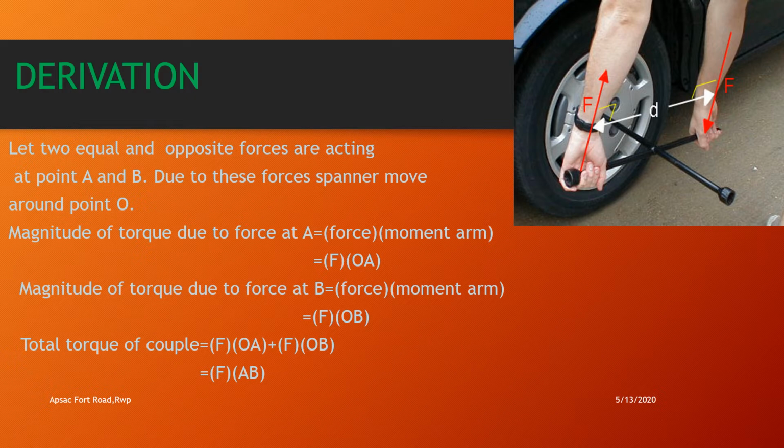Taking force as common, we get F multiplied by (OA plus OB). Or we can say that the torque of a couple is equal to F multiplied by AB, where AB is the sum of OA and OB. This AB is known as the couple arm, which is the perpendicular distance between the two forces. So the torque of a couple is equal to the magnitude of one of the forces into the couple arm.